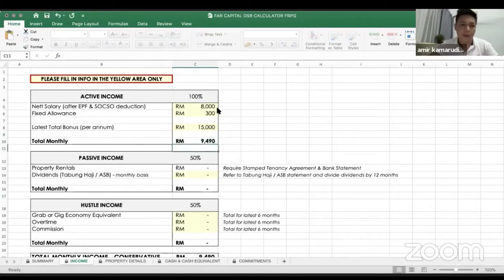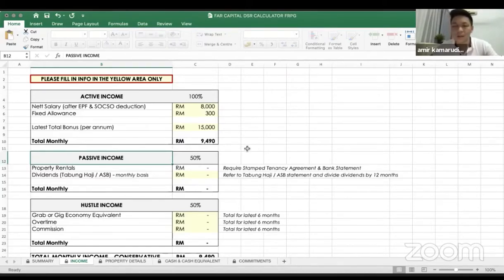Company, okay. Then you have your active income monthly. Kat sini I just wanna highlight juga, kita ada 3 jenis income. The first one is active income. Maksudnya income yang you bekerja. This is you punya pekerjaan tetap. Kedua, kita akan tengok passive income. Biasanya ni datang daripada property rental, sewa menyewa ataupun dividen yang dapat daripada ASB ataupun tabung haji.